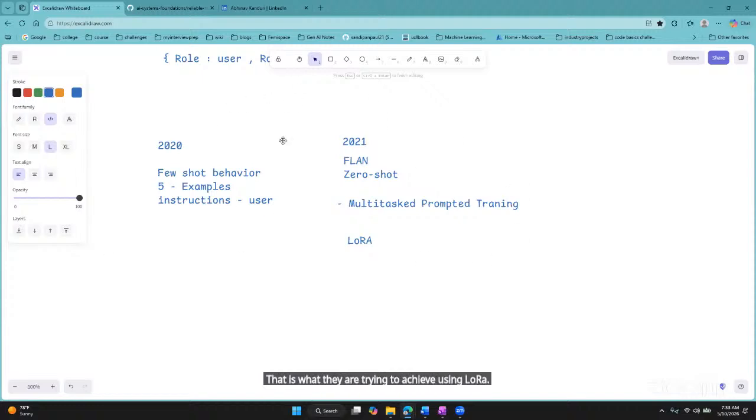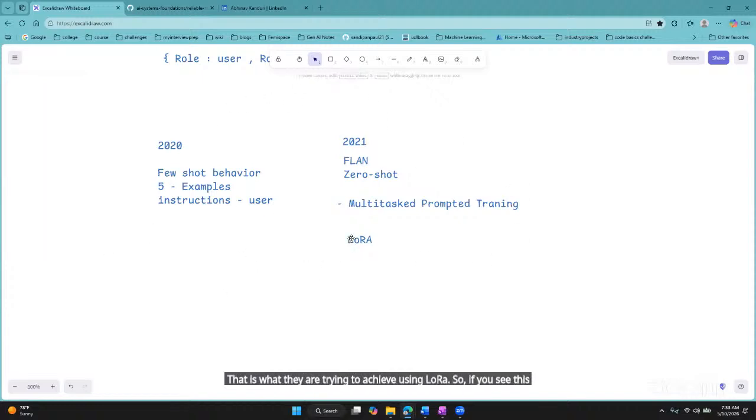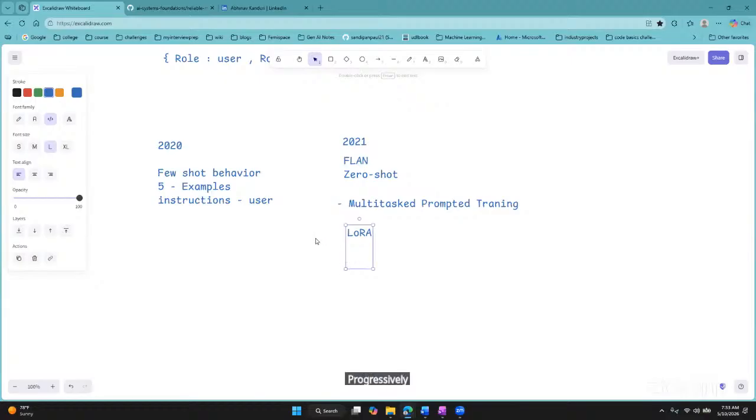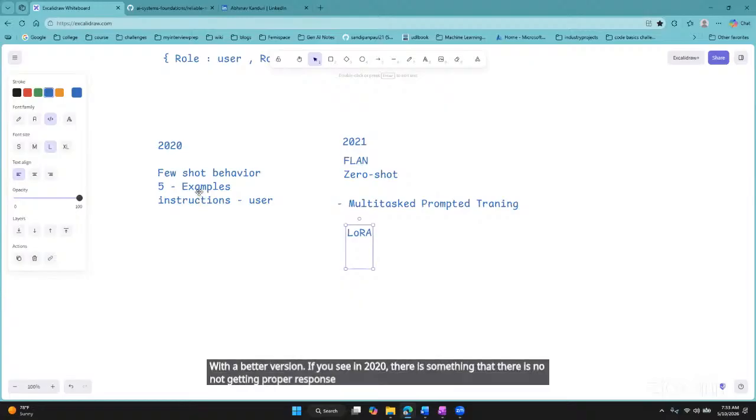So if you see these models, each model is trying to improve progressively by raising a problem and solving it with a better version. In 2020, the model was not getting a proper response even with examples provided, but the model size was the same.